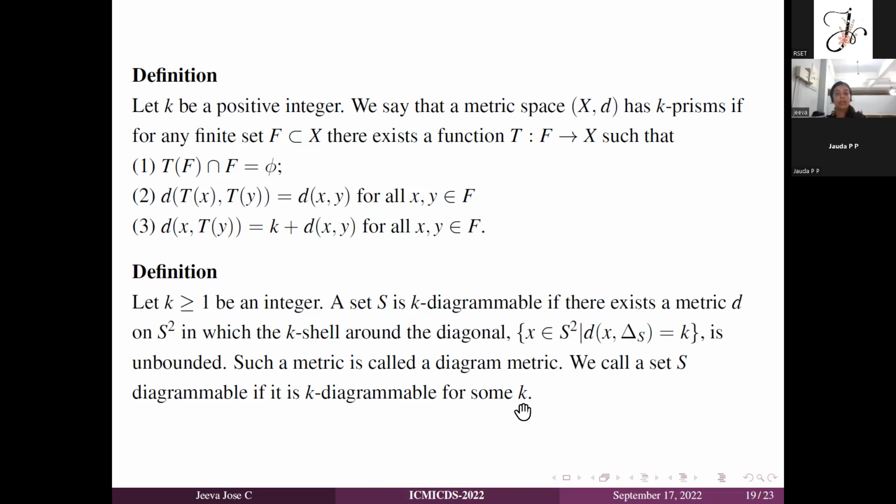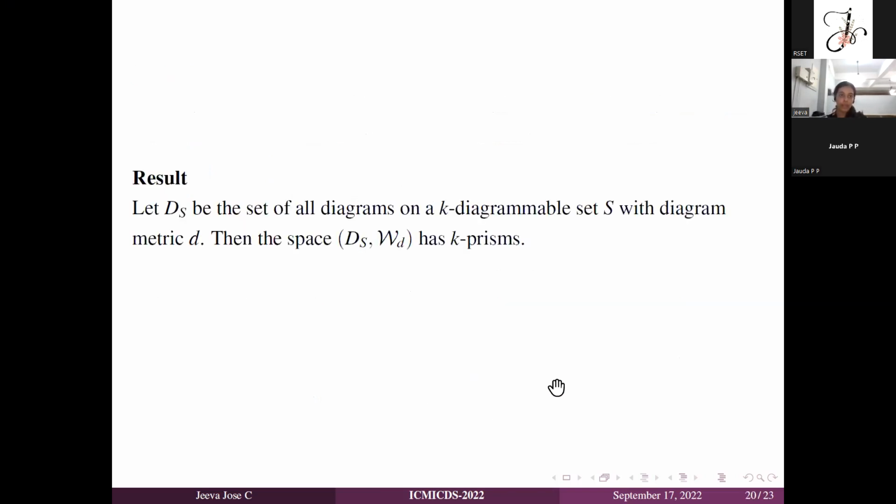So such a metric is called a diagram metric, and we call a set diagrammable if it is K diagrammable, or if we are able to find a K metric for that set. Now the result says that if DS is the set of all diagrams on a K diagrammable set S with a diagram metric d, then the space DS endowed with the Wasserstein metric has a K prism.